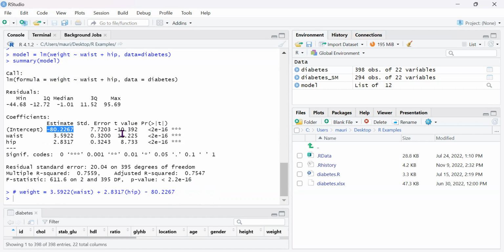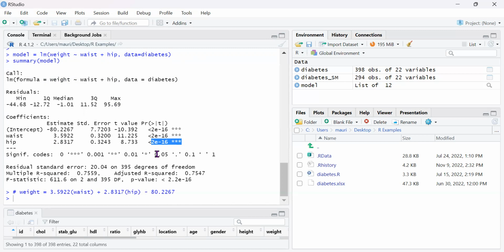Is it significantly different from 0? Yes, it is, it's lower than 2 times 10 to the power minus 6. Is the coefficient for the waist significantly different from 0? Yes, it is. Is the coefficient for the hip significantly different from 0? Yes, it is. Basically, it means that both hip and waist are important in the measurement.